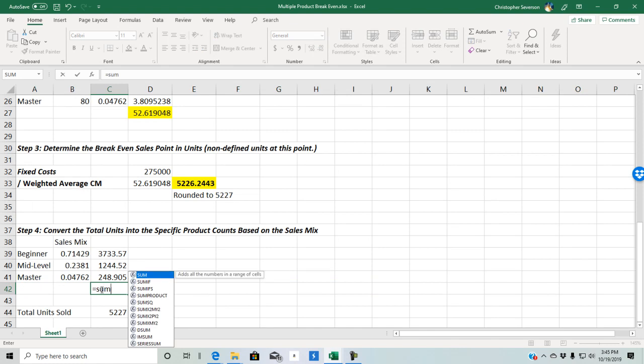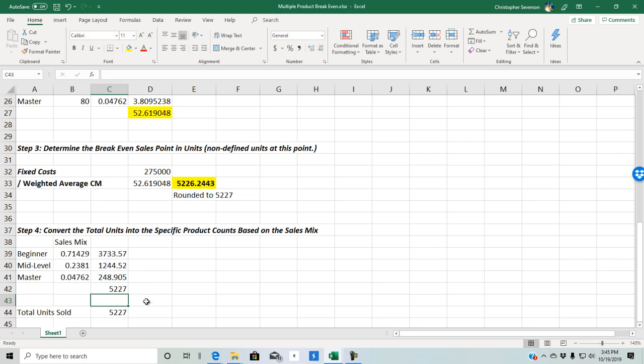If we add those three up, we come up with 5,227 units. Now, again, the thing here is you can't sell partial units. So what we'd really need to do for this answer to be proper is round each one up.